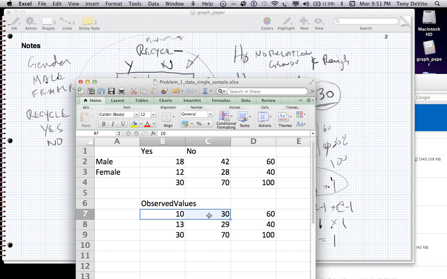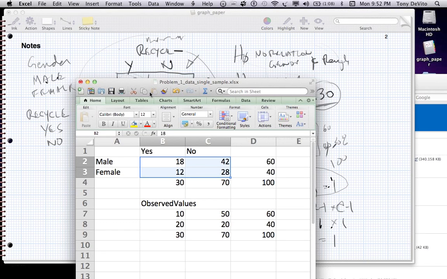10, and if that's 10, this is going to be 50. And let's say here I got 20, and this is going to be 20, half the females in our sample recycled. These numbers are quite different from our expected values.